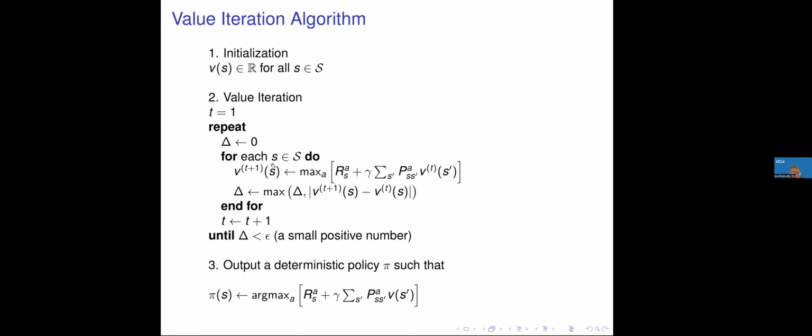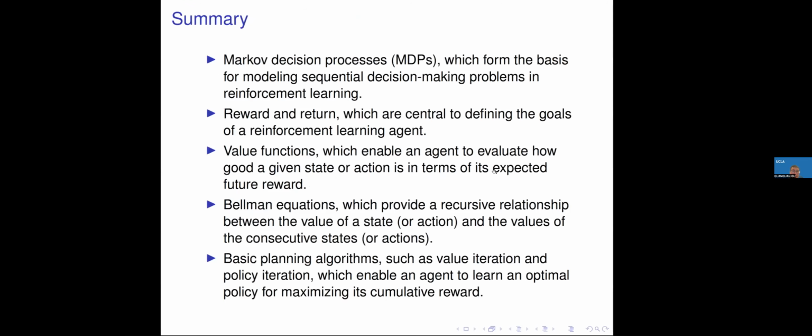We start from some initial estimate of the value, do value iteration, and get the optimal value function. And after we get the optimal value function, we do one-step lookahead, then we can calculate the optimal policy. Okay. So with that, I will just wrap up here.